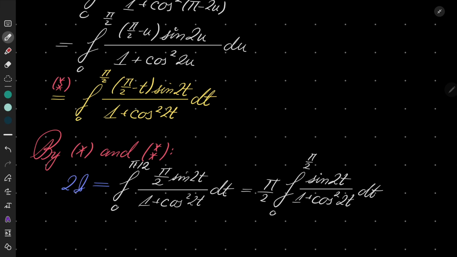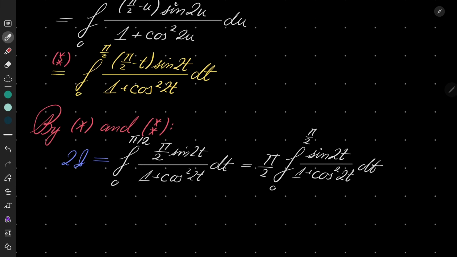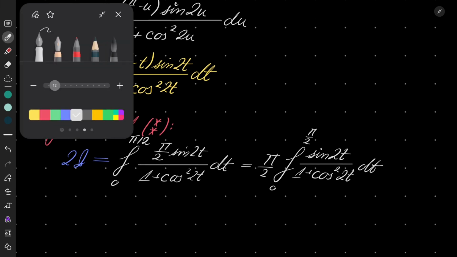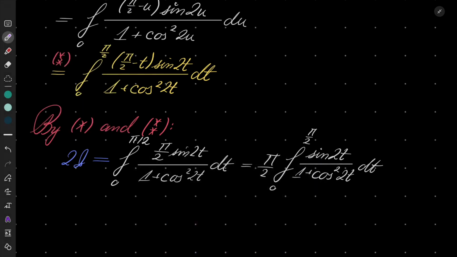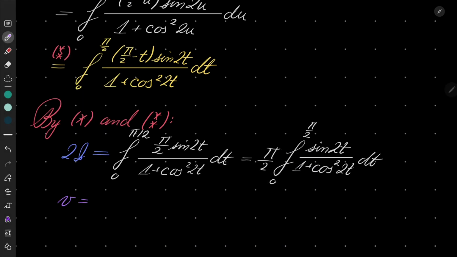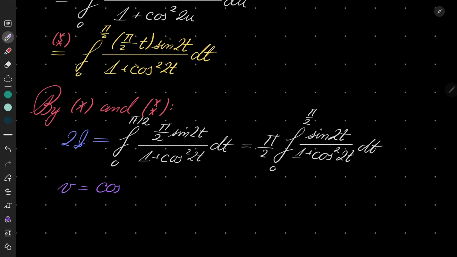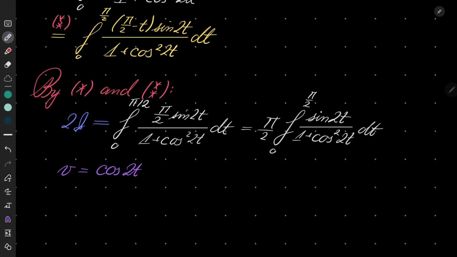Okay, very well. And now it's time to do another substitution. I will put v to be cosine of 2t. Is it legal? Yes, it is, because our integral goes from 0 to pi over 2, and we know that cosine is a differentiable bijection on the interval from 0 to pi.